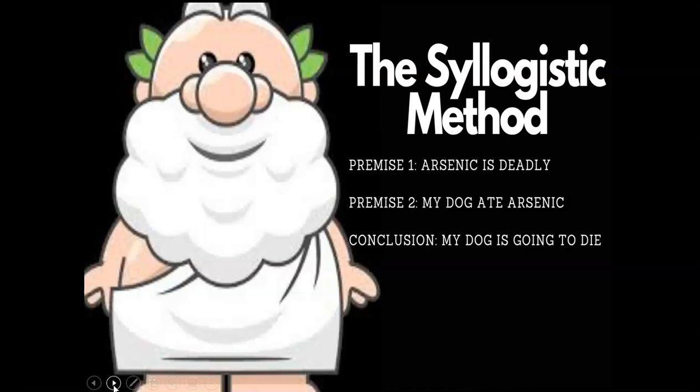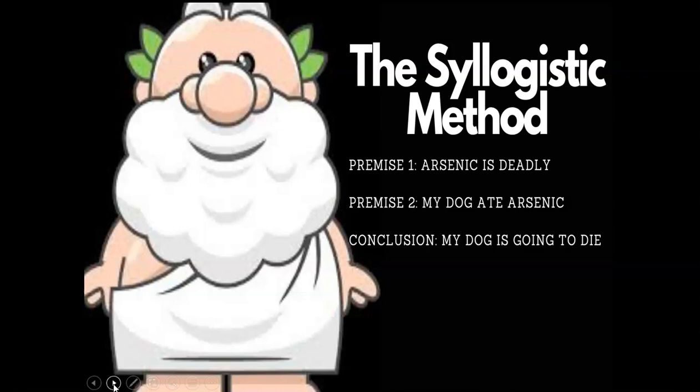And Aristotle said, why is it that some of my boys are so good at this? Like they win debates, they're master orators, and others of my students are just like, meh, they're okay. And some kids just tank and bomb every single time. And he had a eureka moment one day and he said, I got it. The real good orators think syllogistically. And here's what he meant by that. It's when you just argue logically, when you create a line of reasoning that goes from premise to conclusion.